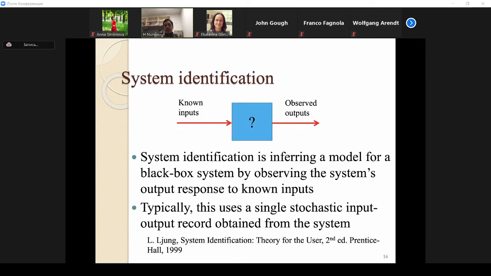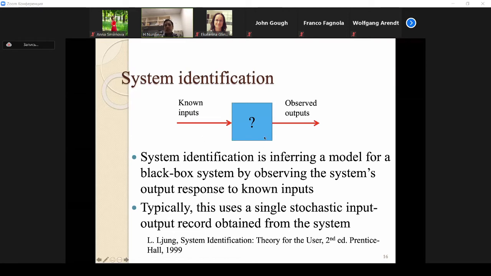As I mentioned, one of the intentions of this talk is to introduce some new research directions. One direction is system identification for linear quantum systems. System identification is a technique that's important in engineering, and is used for inferring a model for a black box system by observing the system's output response to known inputs.